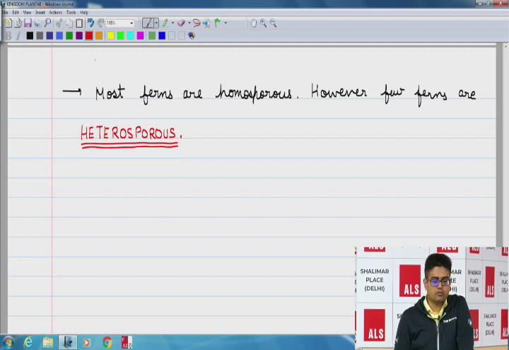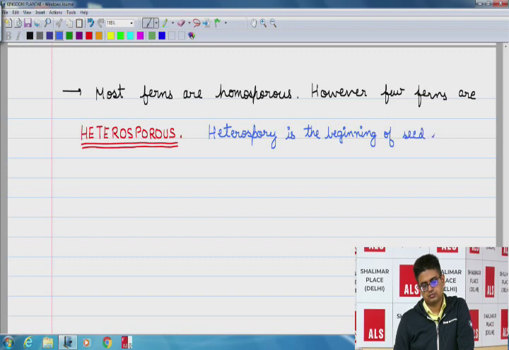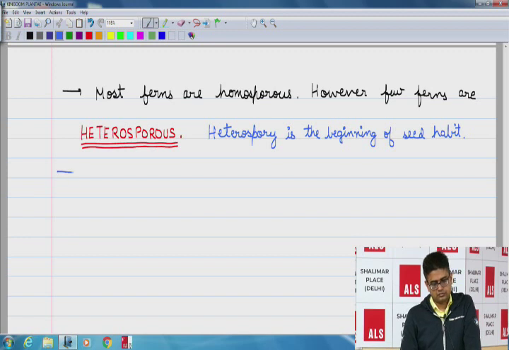And heterosporous becomes a very important point. Heterospory is said to be the beginning of seed habit.